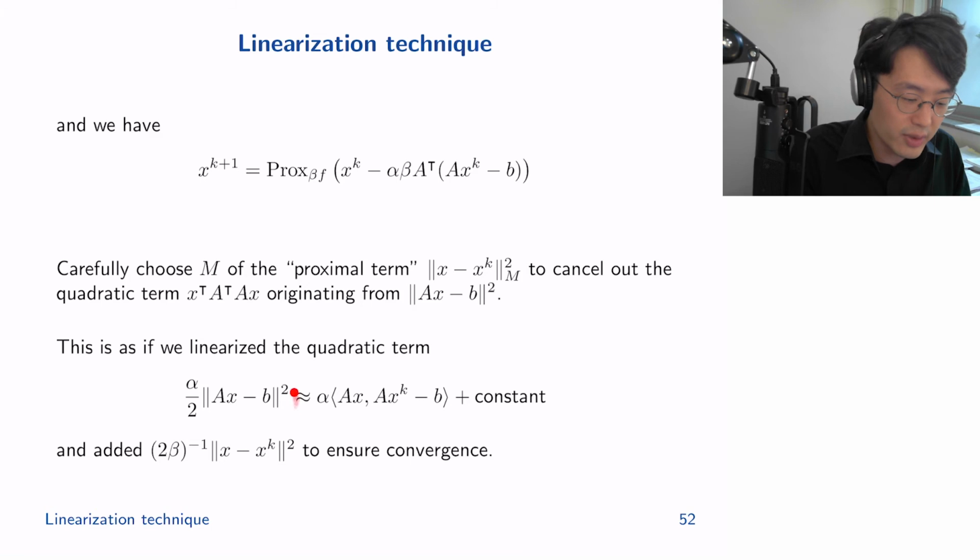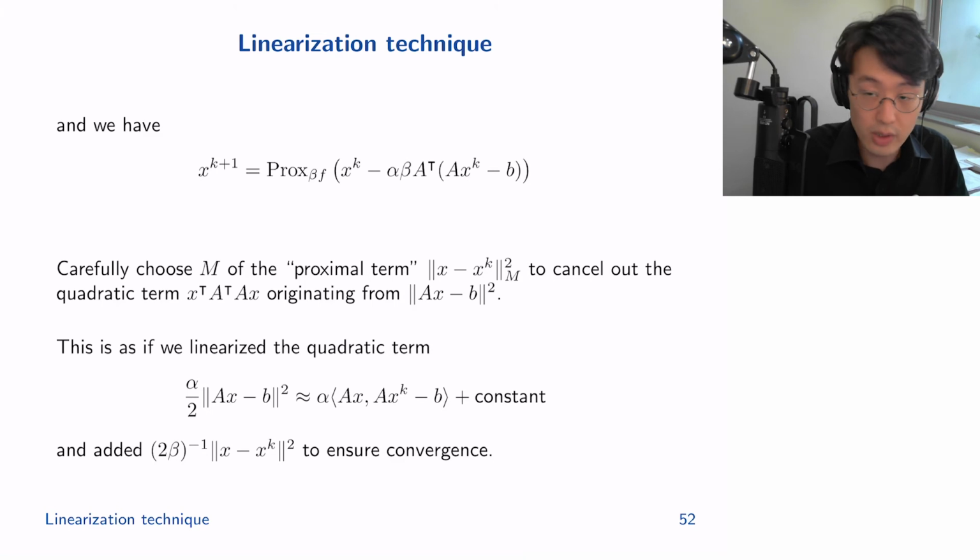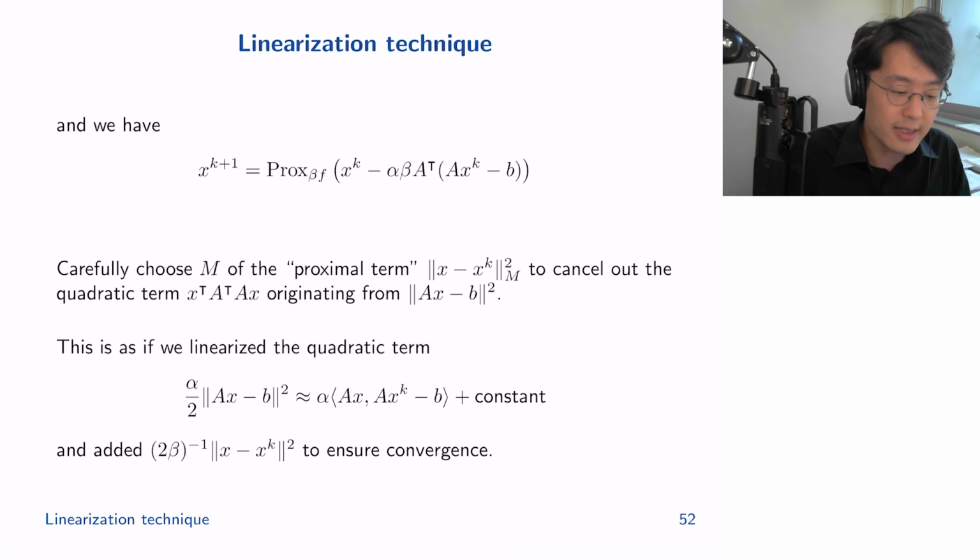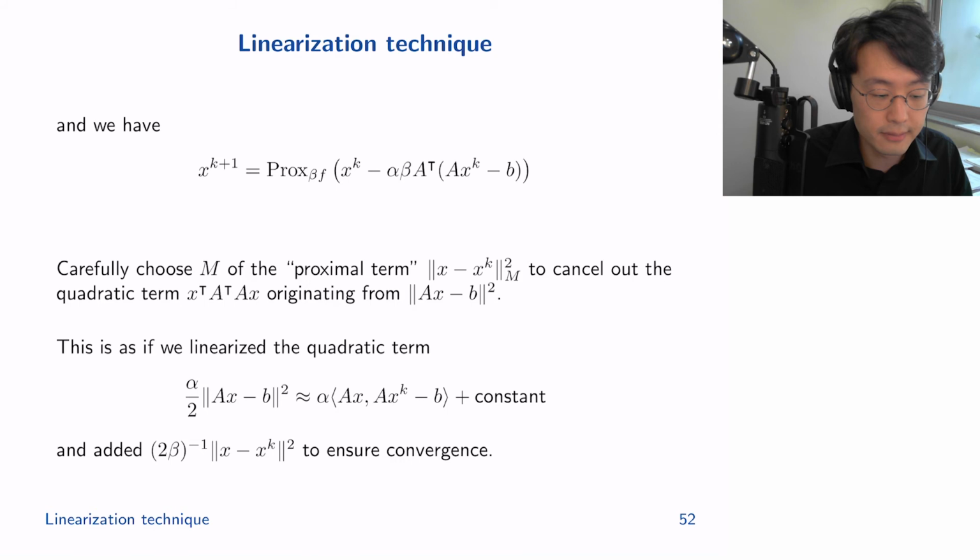So instead of dealing with this quadratic term as is, the result can be interpreted as we take the first order Taylor expansion of this quadratic term about the point x_k, so that gives us this. But then, instead of performing the argmin on that alone, we add this quadratic proximal term in order to ensure convergence. And hence, this technique is referred to as the linearization technique, as it can be interpreted as linearizing an inconvenient quadratic term.